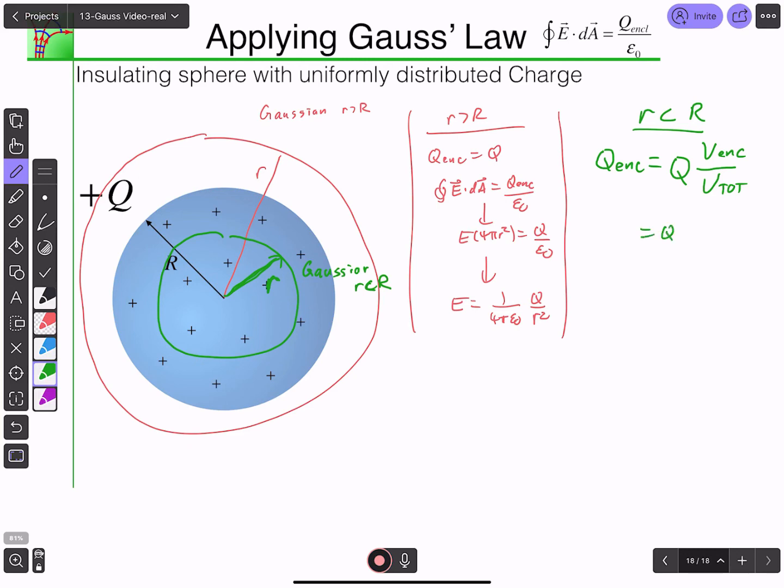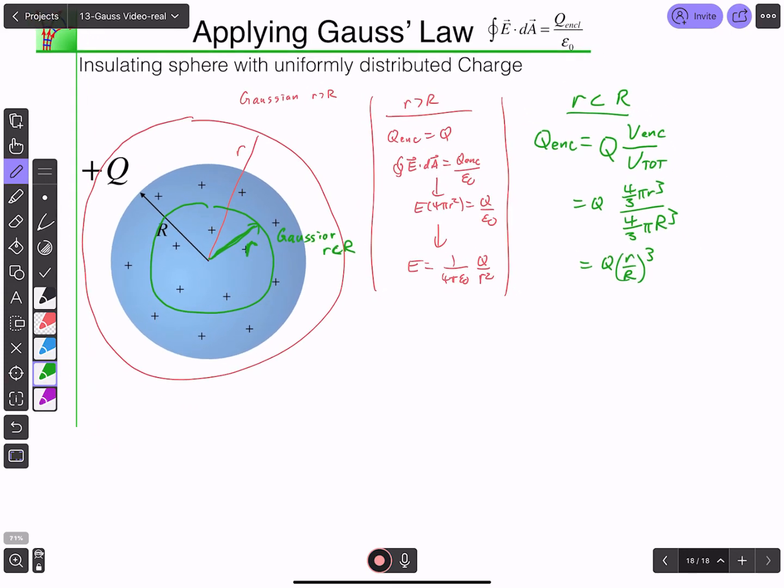The volume of a sphere of radius little r is 4/3 pi r cubed, but the total volume of the whole sphere is 4/3 pi capital R cubed. So Q enclosed here is just going to be Q, with a lot of canceling out, times r cubed over R cubed. Now, using this, we can write down Gauss's law and figure it out.